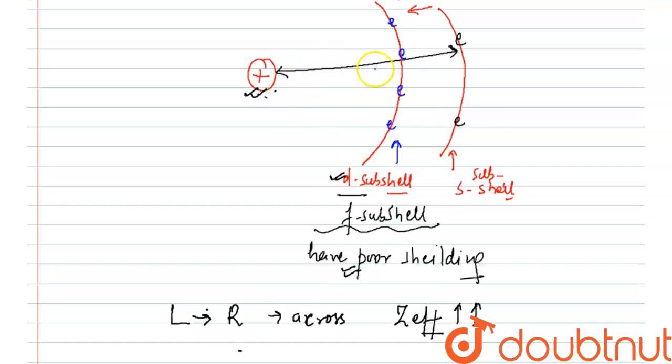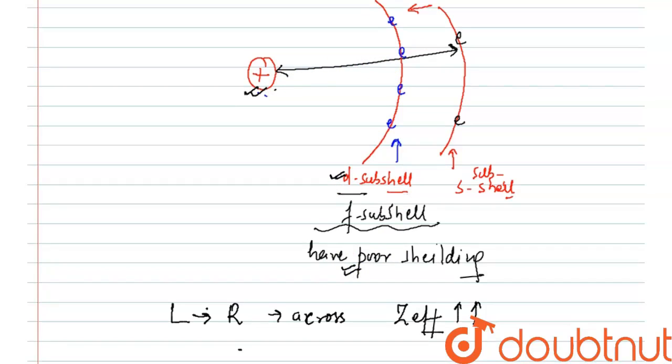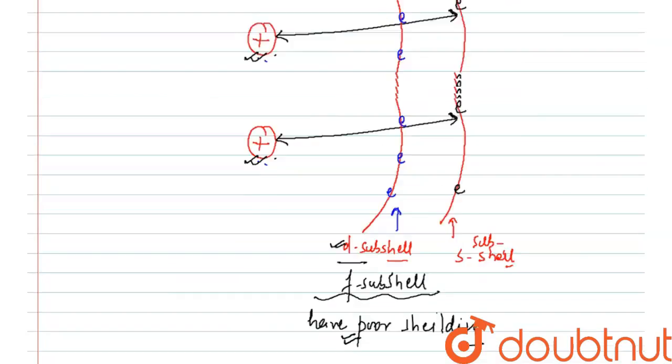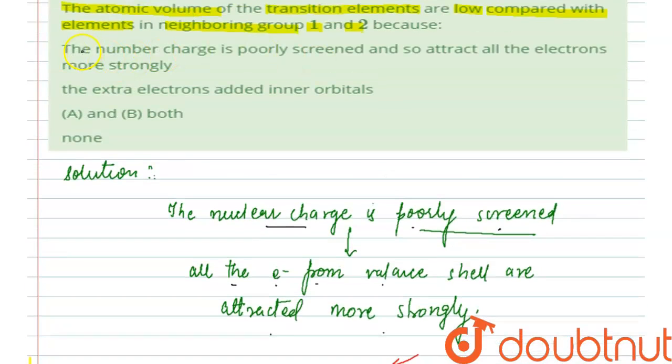So the force of attraction gets stronger and stronger, and the size will eventually reduce. So the first option, which says that the nuclear charge is poorly screened and so attracts all the electrons more strongly, is the correct one.